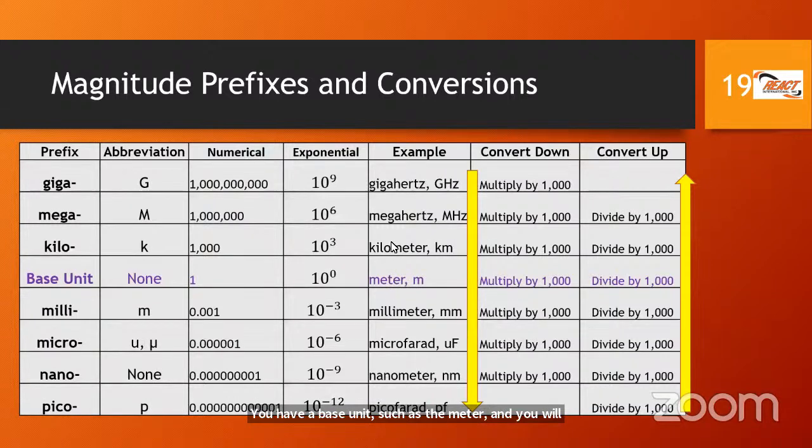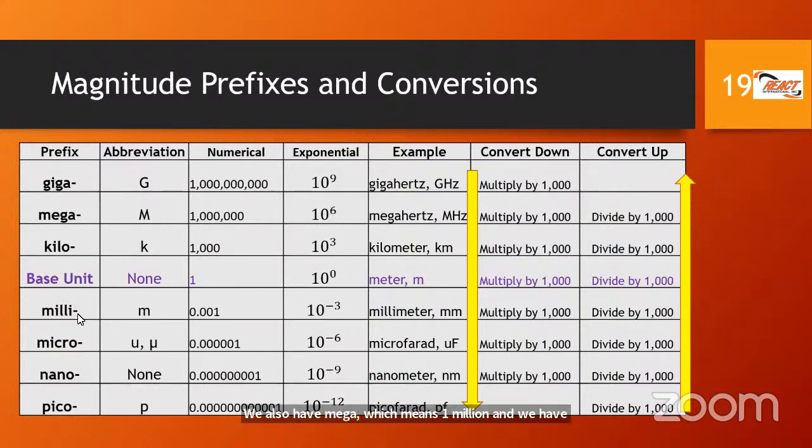But you may also have a kilometer, which is 1,000 meters. But not only do we have kilo as the prefix to mean 1,000, we also have mega, which means 1 million. And we have giga.